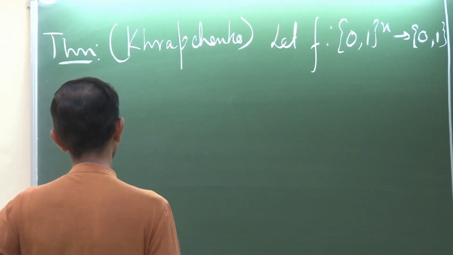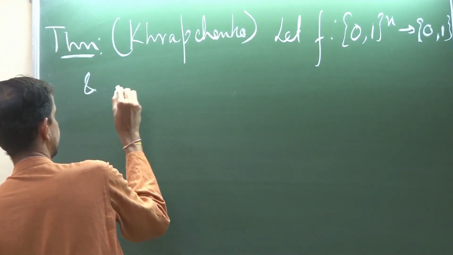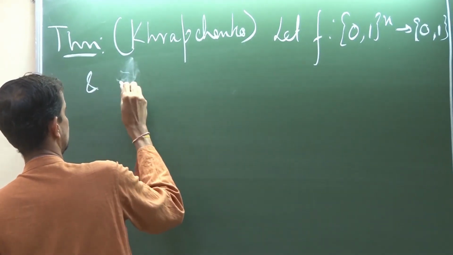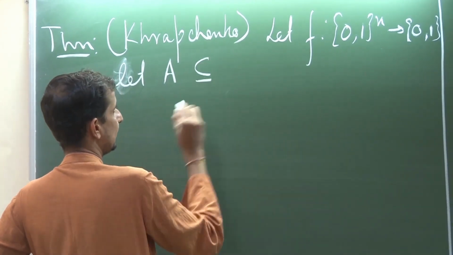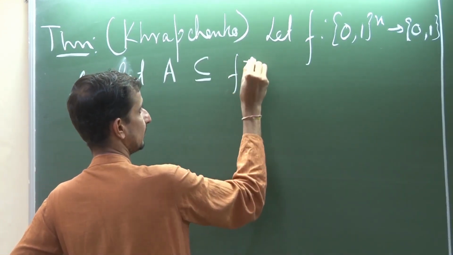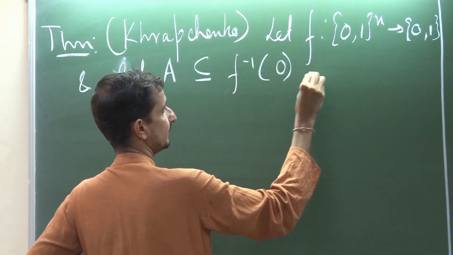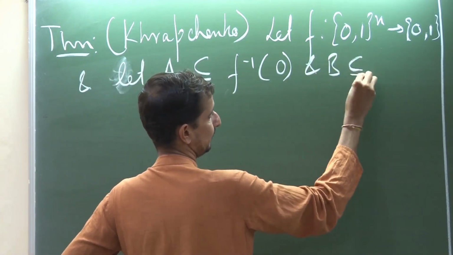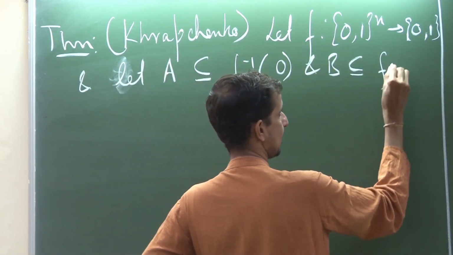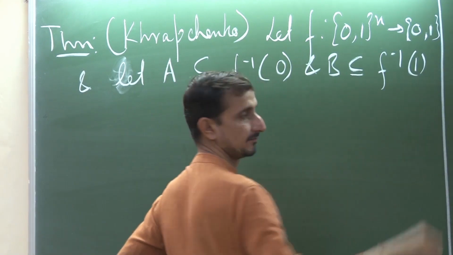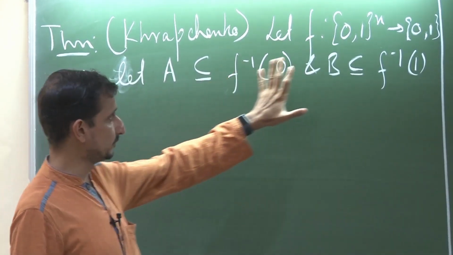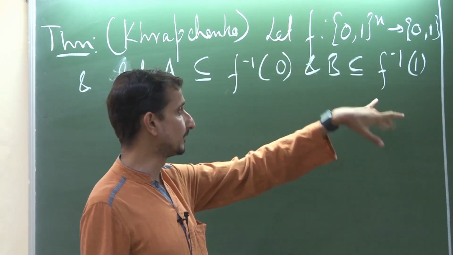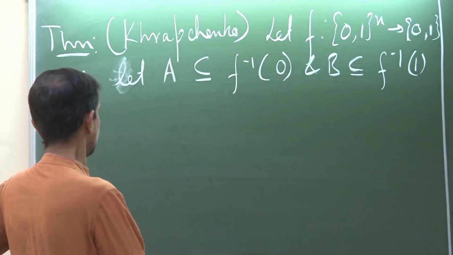So, f is a Boolean function and let A be a subset of f inverse 0 and B be a subset of f inverse 1. So, basically A is some set of inputs which map to 0 and B is some set of inputs which map to 1.